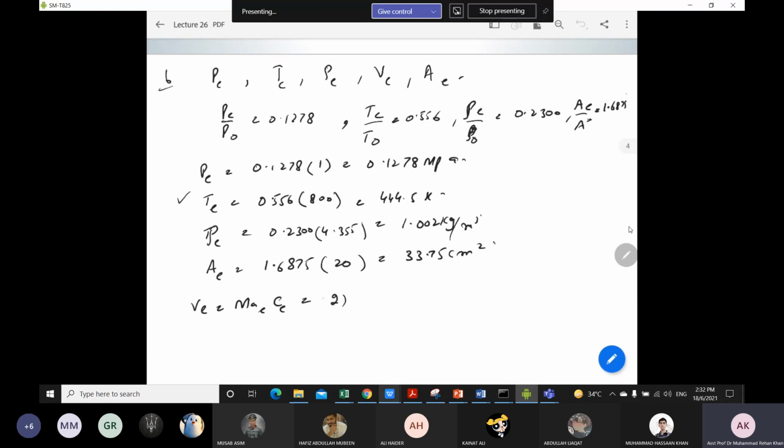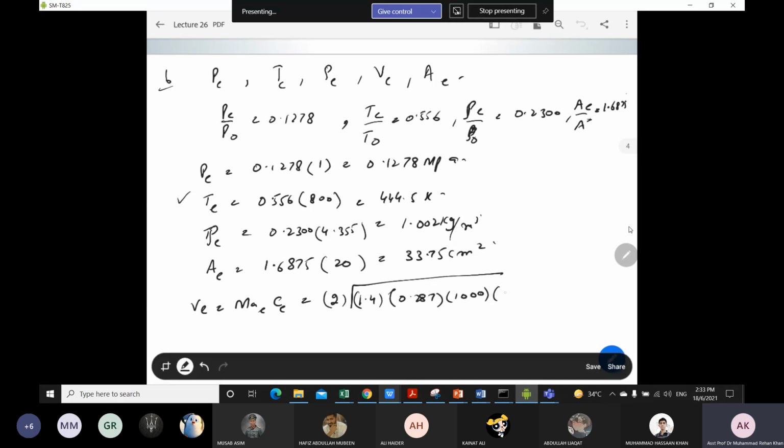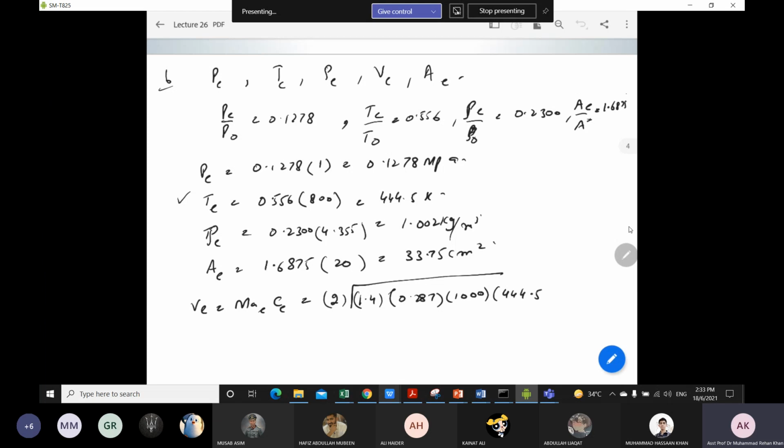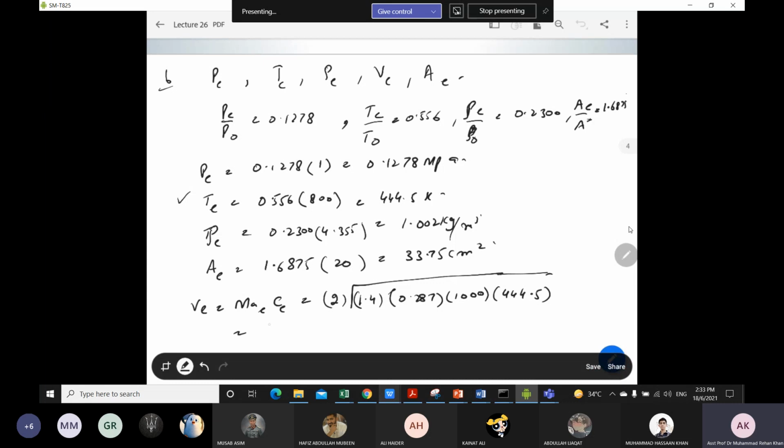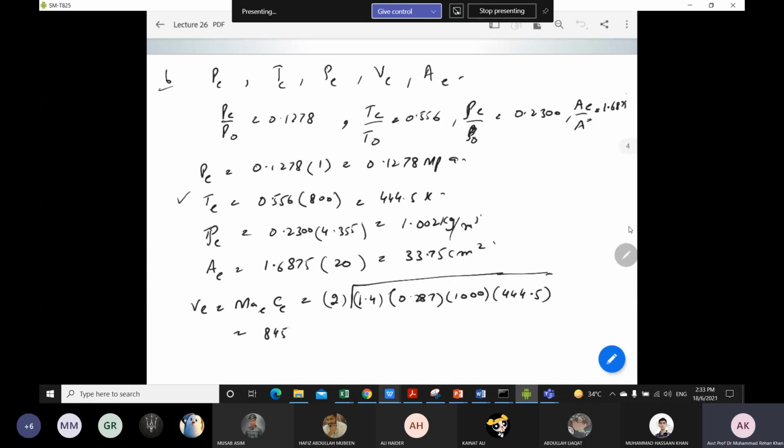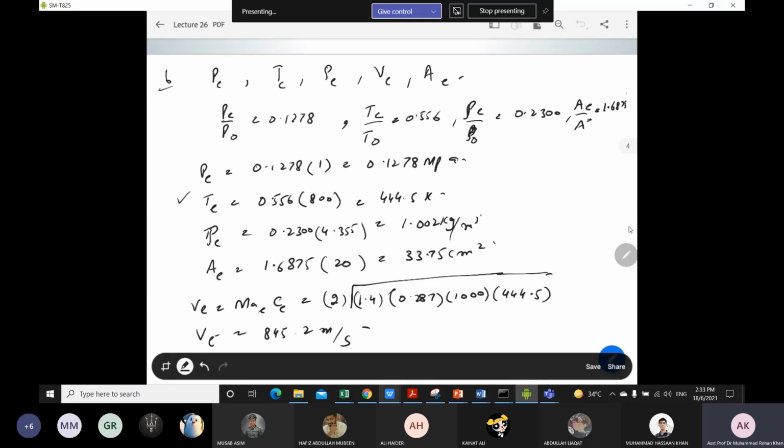So Mach exit times the square root of 1.4 for the value of k, R value 0.287 times 1000 for the conversion, and then T exit, which is 444.5. If you multiply, you will get the velocity exit as 845.2 meters per second. So the exit plane conditions are now known to us.